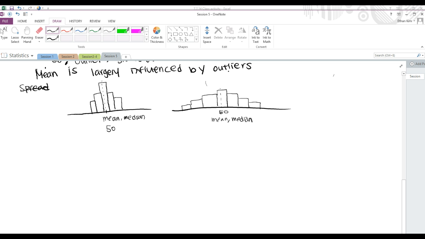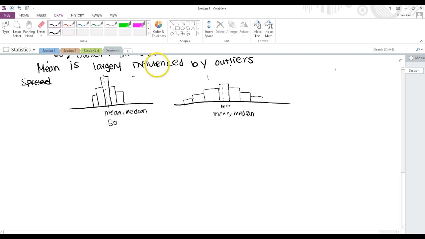So we talk about the spread as well. If you look at the first graph, it's more squished, right? The data set is put together tightly, whereas this one is more spread out. So the value here might be 20, and the value here might be 40.